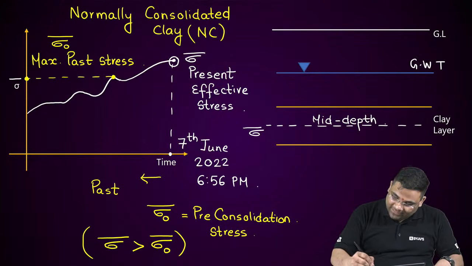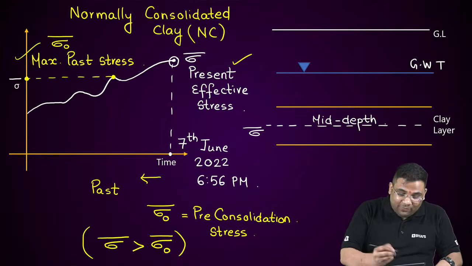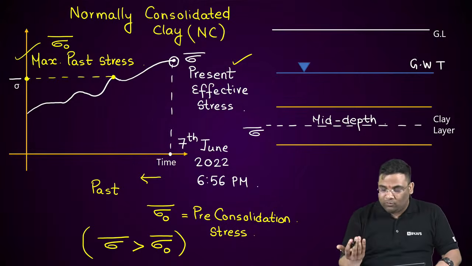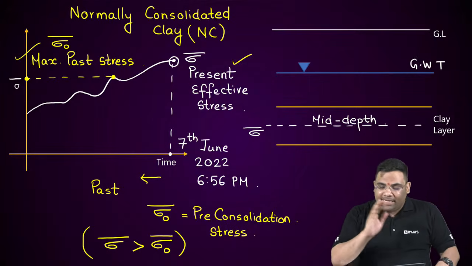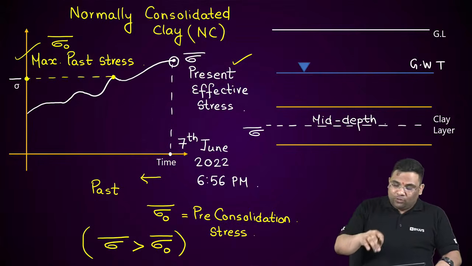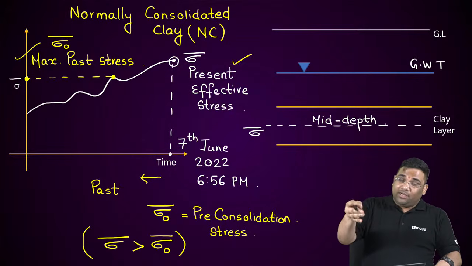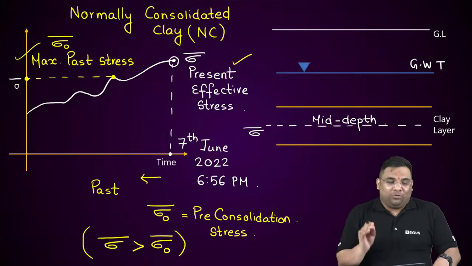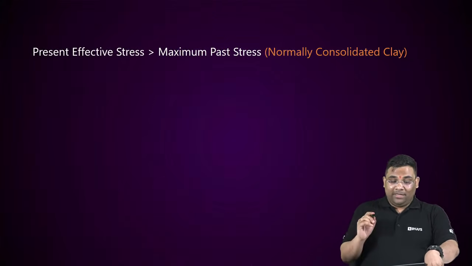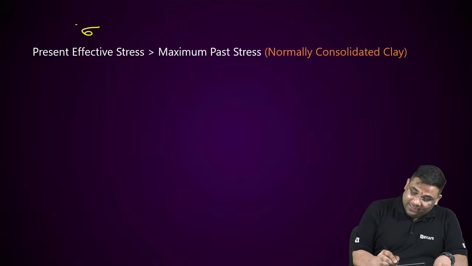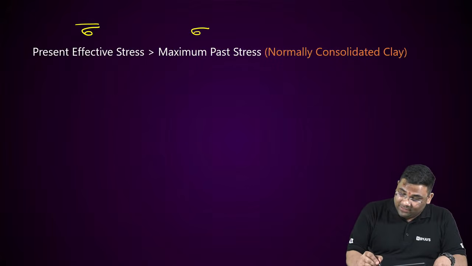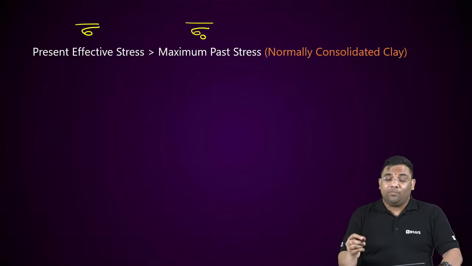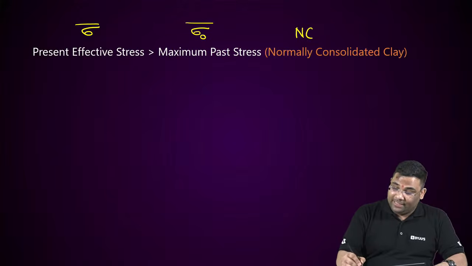You compare the present effective stress with the maximum past stress, also known as the pre-consolidation stress. If the present effective stress is more, I will call that normally consolidated clay, or NC clay.